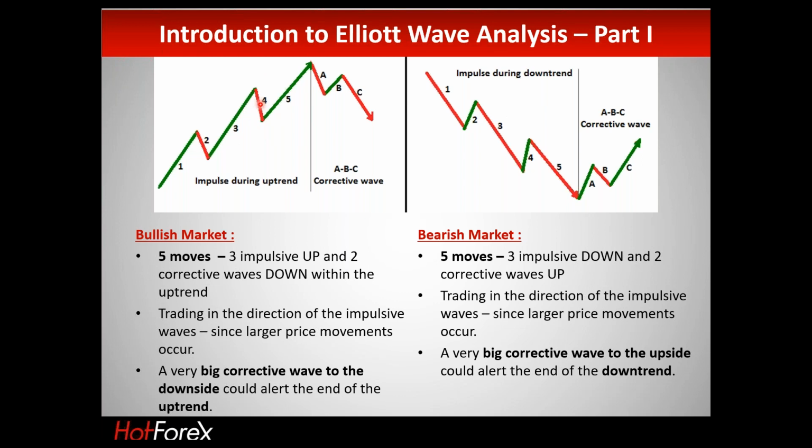The price has already become quite expensive, and therefore they want to cash out. It's time to cash out. Hence, the retracement and the pullback is what we call wave 4.